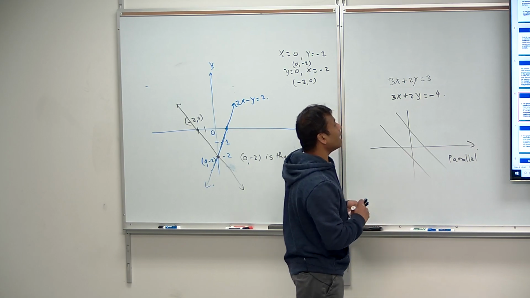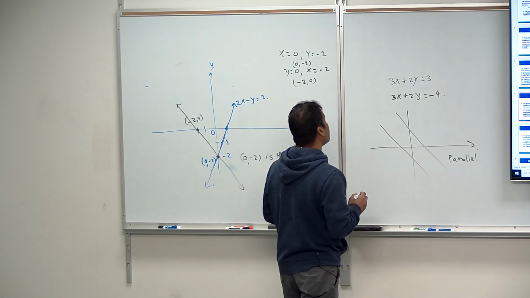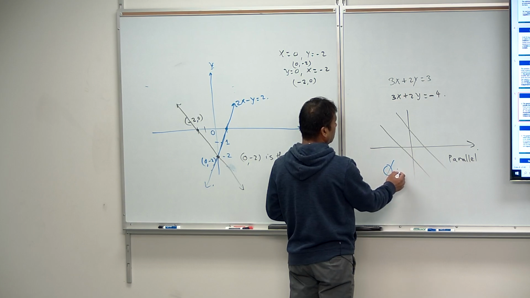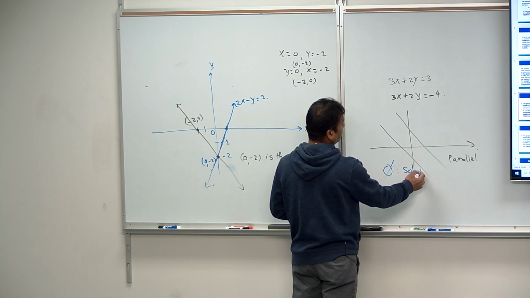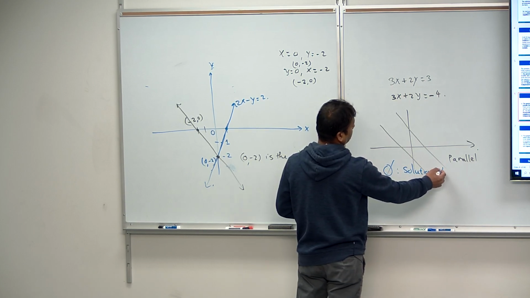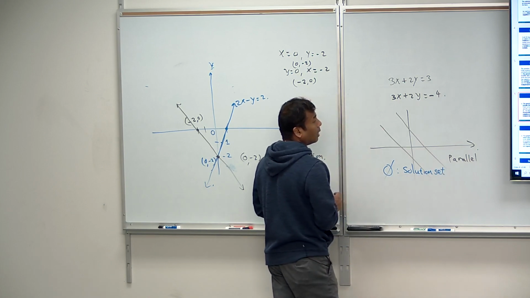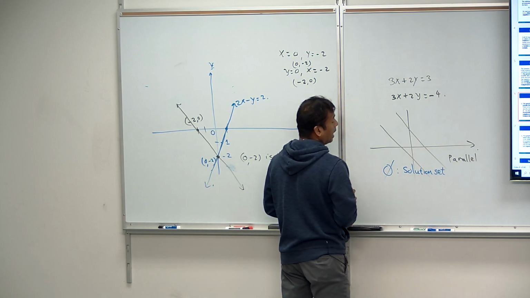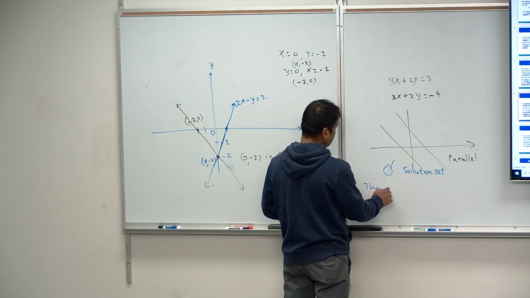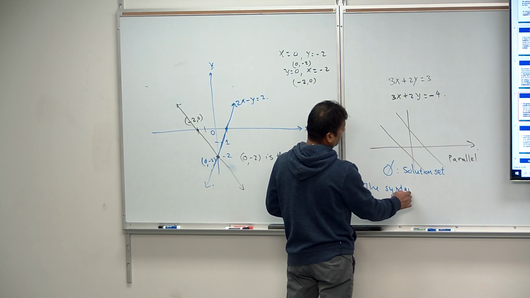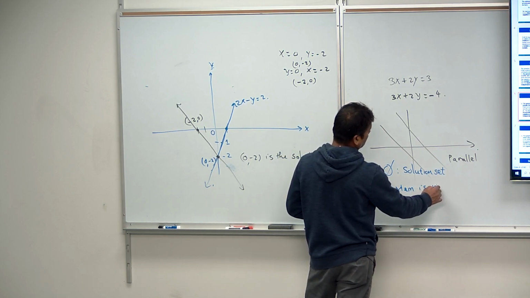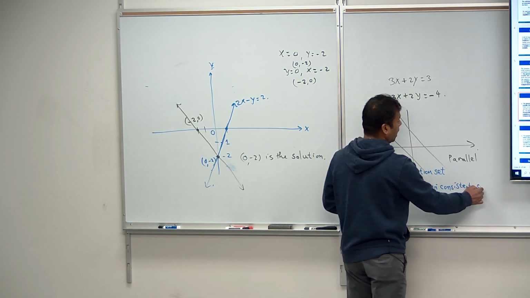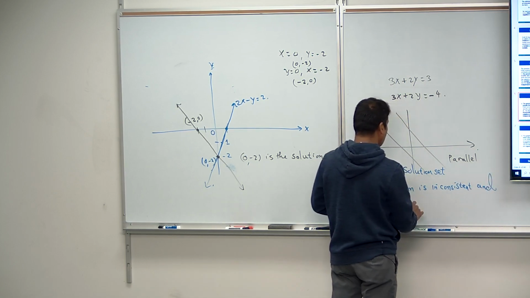So in this case, the solution set is empty, and the system is inconsistent and independent.